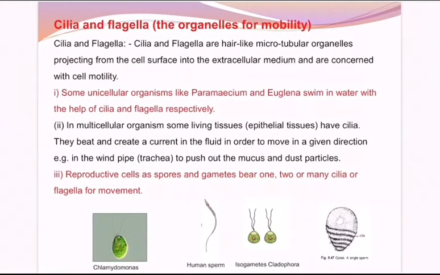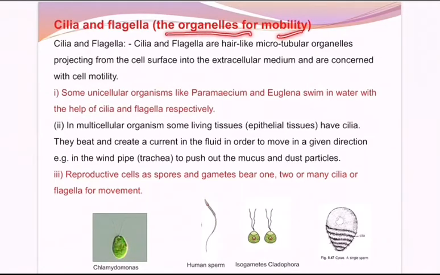Now we come to the next one, cilia and flagella. We said just now that centrioles will give birth to cilia and flagella. You must have already seen paramecium under the microscope, and it has hair-like structures around the body. Those hair-like structures are called cilia. And Euglena has a whip-like structure, that's flagella.